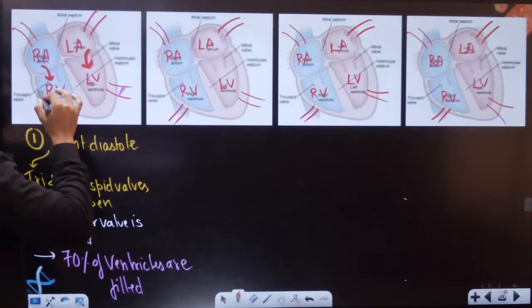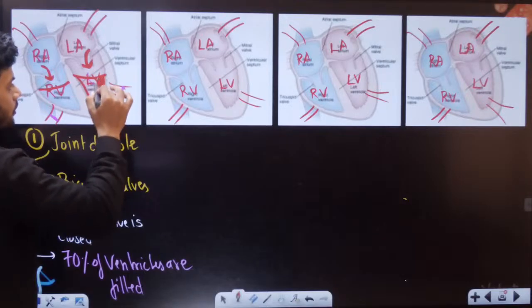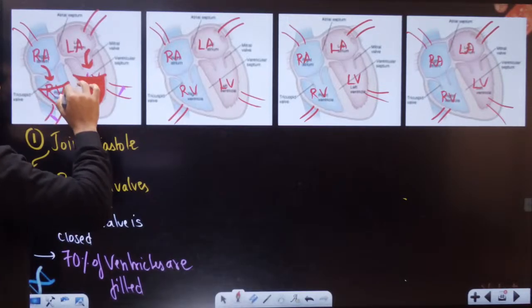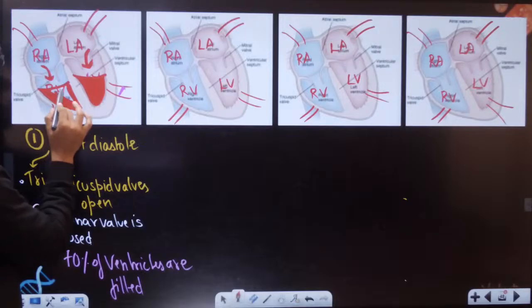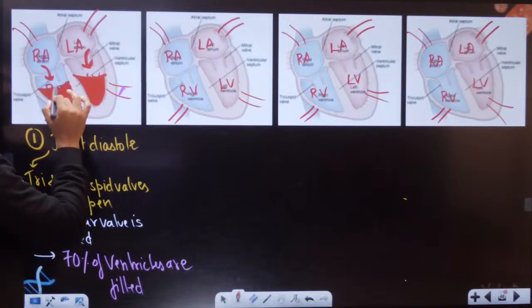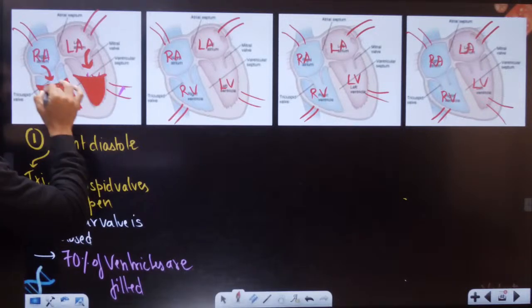So 70% is filled up with the blood here. Let's fill them up. Done. So 70% is filled up right now, students. 70% is filled up.